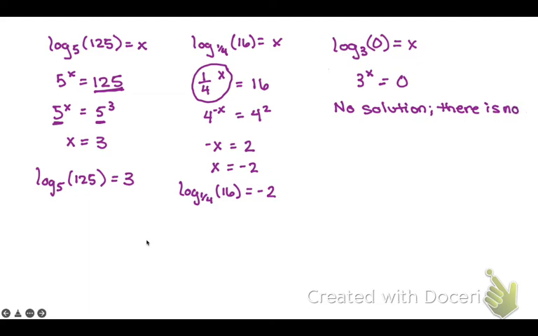There is no power that can give you 0 on any number. There is no exponent that can make your answer 0.